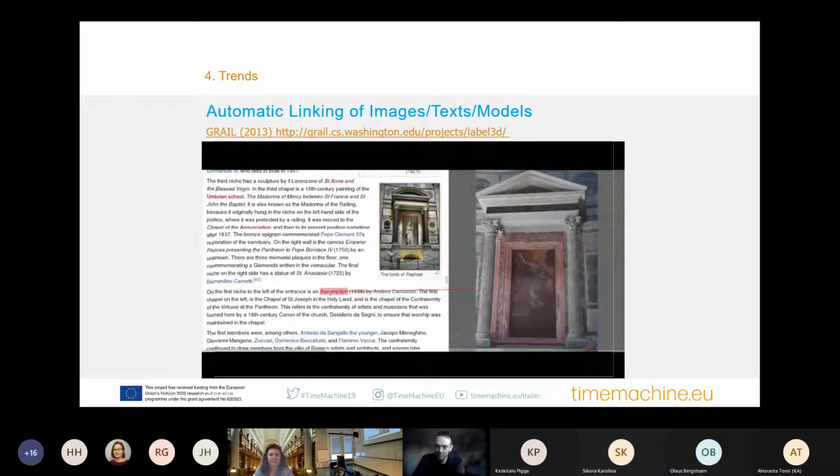And finally, as I mentioned, of course, the connection between images, texts, and models in terms of classification, in terms of aligning, also in terms of data structures, that's, I would say, a still ongoing large-scale research topic.